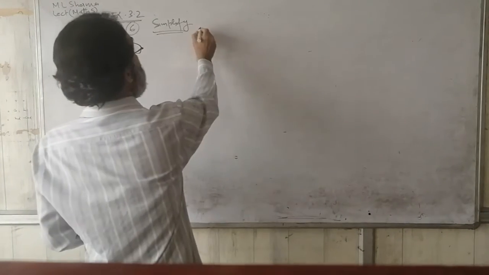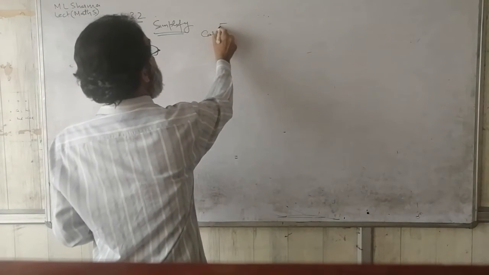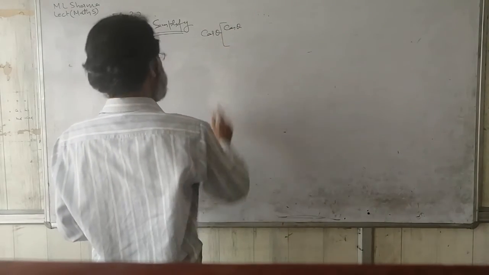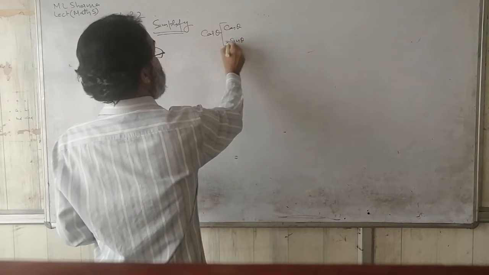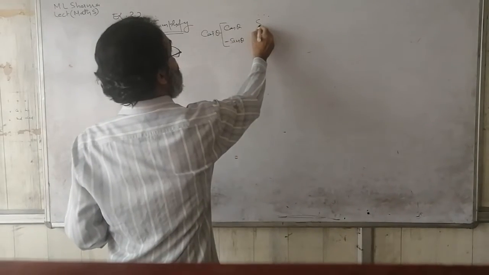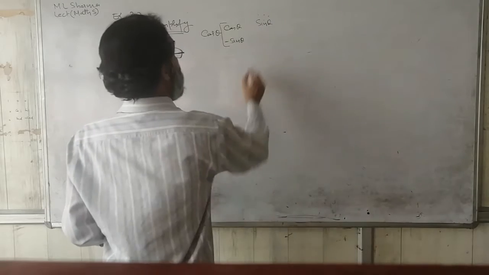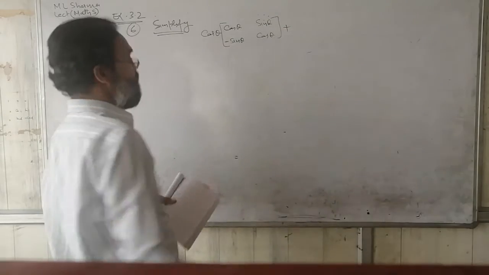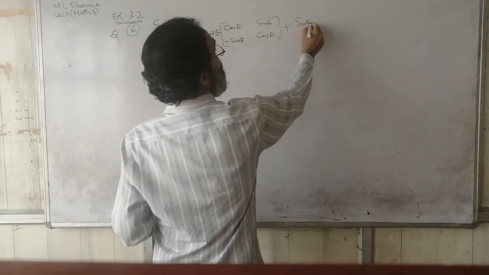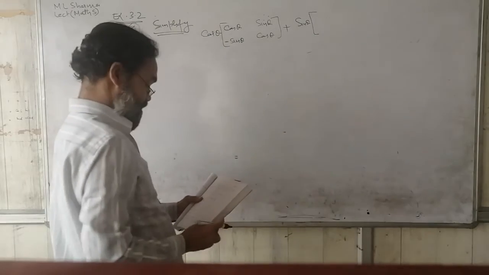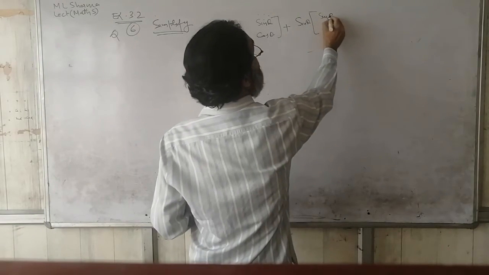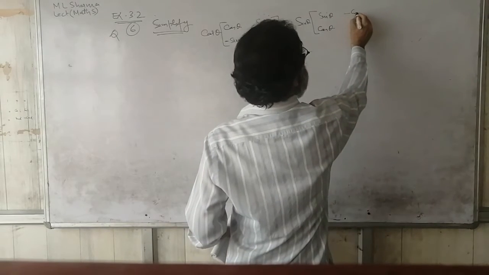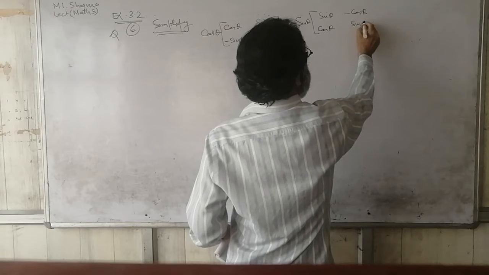So he says cos theta outside, cos theta minus sin theta, then sin theta, here cos theta plus sin theta here, and inside sin theta cos theta, then cos theta sin theta.